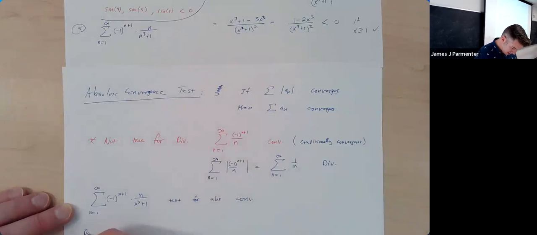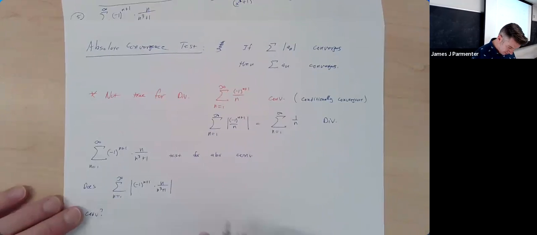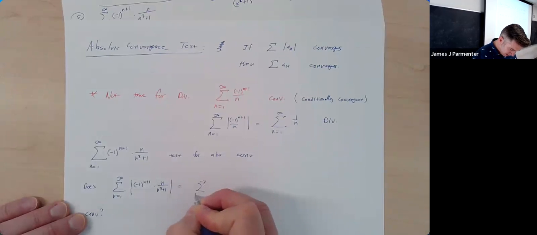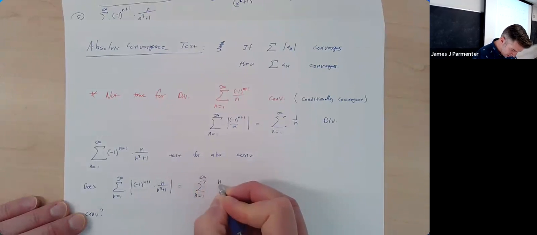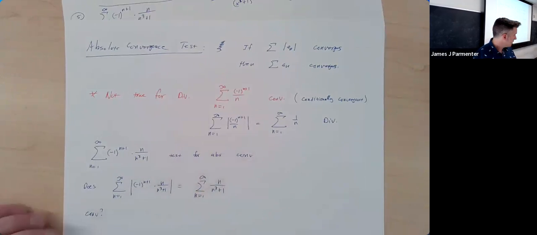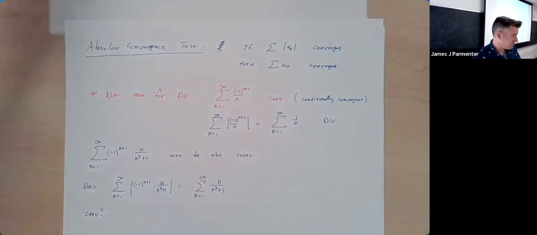So does this series from n equals 1 to infinity of the absolute value of -1 to the n plus 1 times n over n cubed plus 1 converge? Well, if we simplify it, we're just getting the sum from n equals 1 to infinity of n over n cubed plus 1. Does that converge? Or how could we show it converges or diverges?